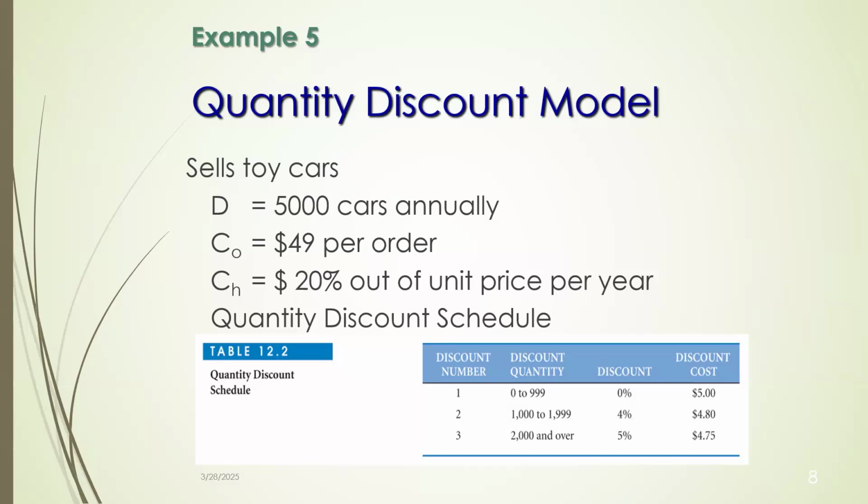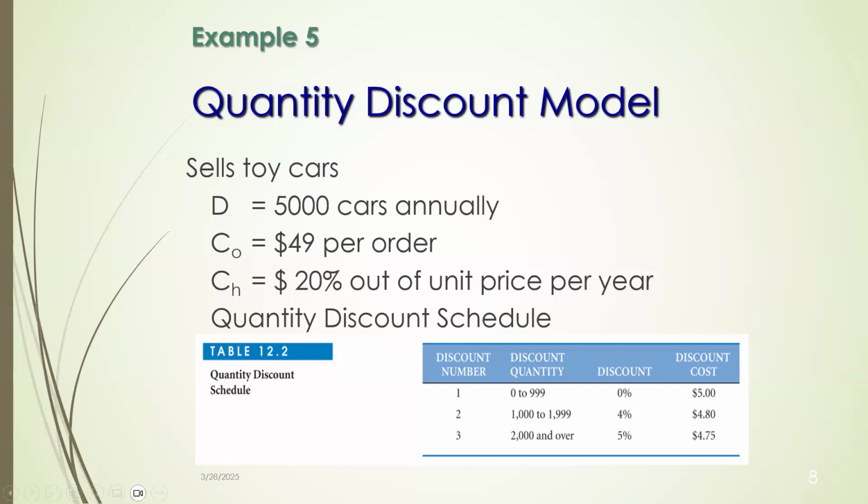Then compare the total cost for each discount number. We should select the least cost quantity as the best order quantity. Okay, that's the way we should do the calculation. I'll explain in detail how to answer this question.